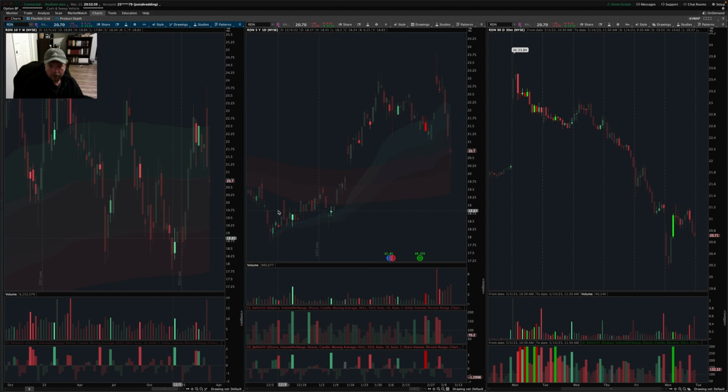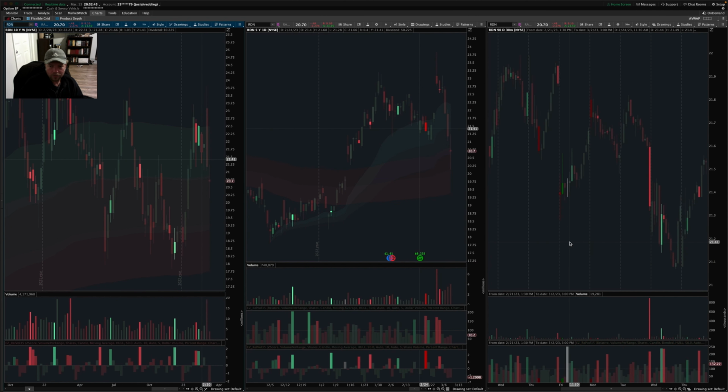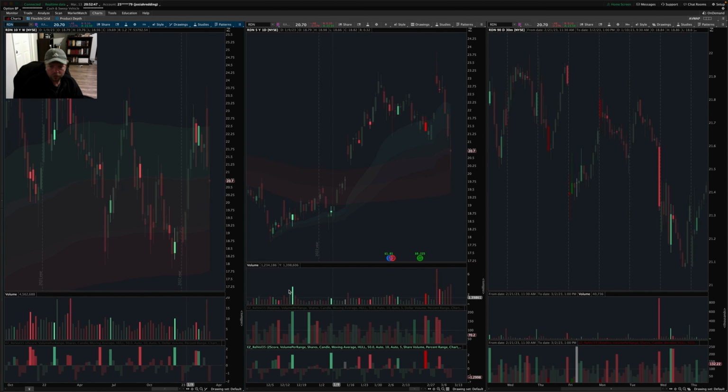First of all, I don't typically look at the relative volume indicator in the same way that people teach you to look at the raw volume histogram.